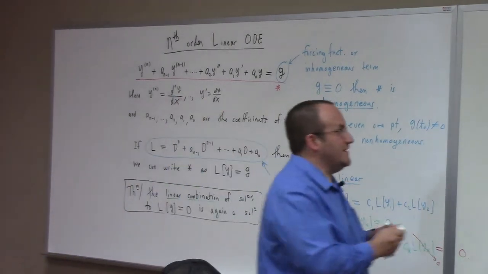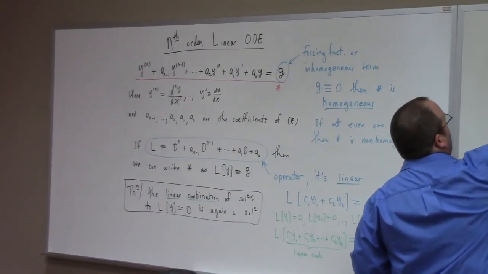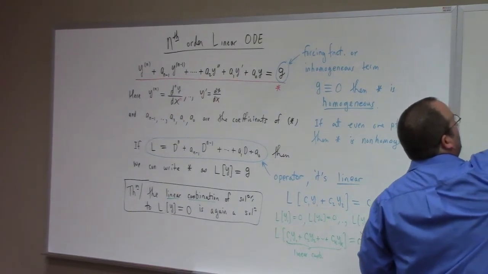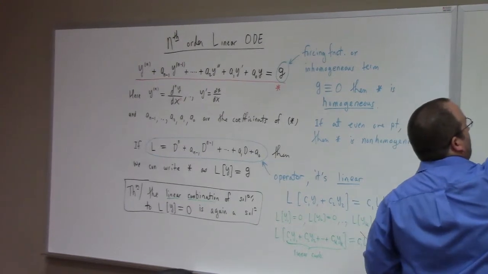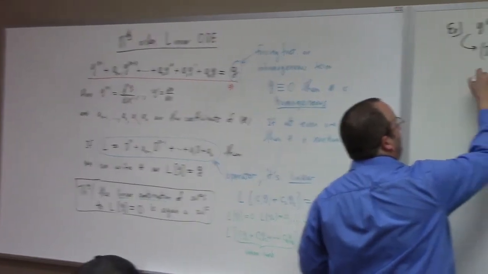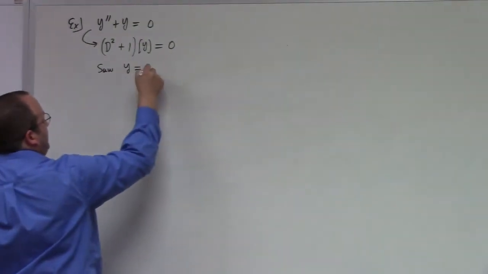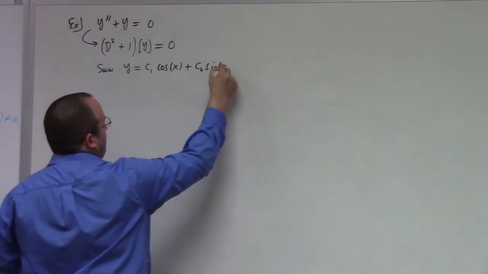Yeah, before I get lost in the clouds here, let me just bring us back down for an example. y prime prime plus y equals 0. In operator notation, this is d squared plus 1 acting on y equal to 0. And we saw that y equals c1 cosine of x plus c2 sine x. Solved it.